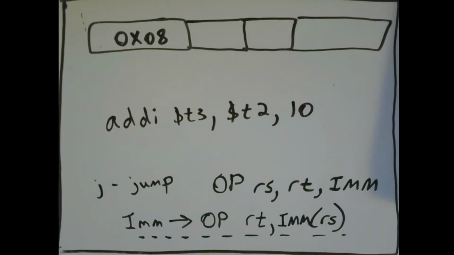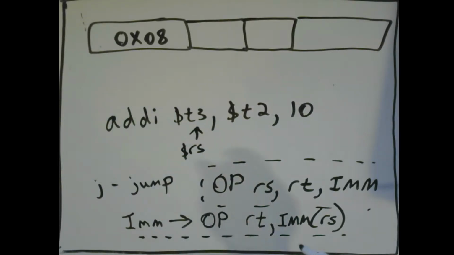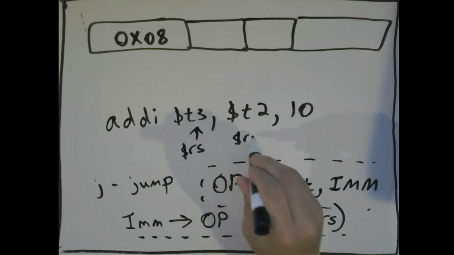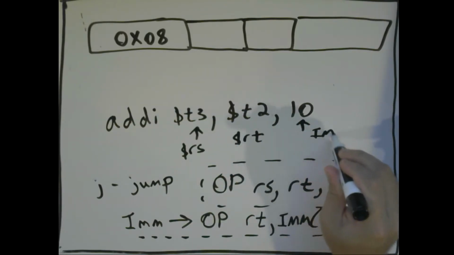interrupts. Right, so I have this, and I know from this format right here that this is going to be our RS register. This is going to be our $RT register, and this is the immediate value we have, right?